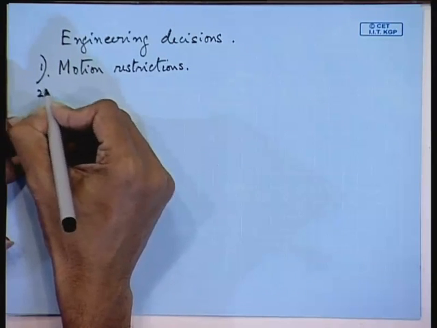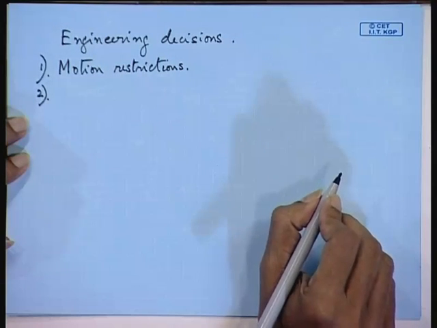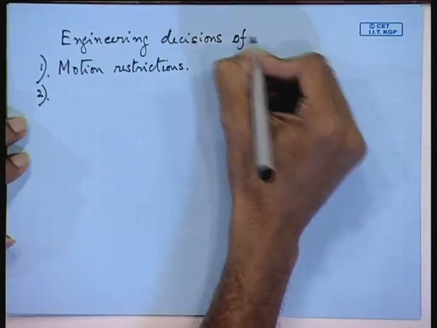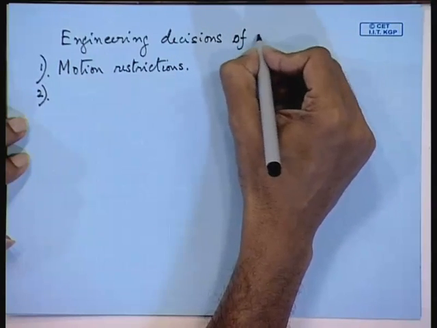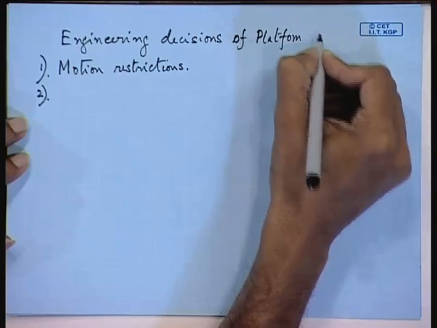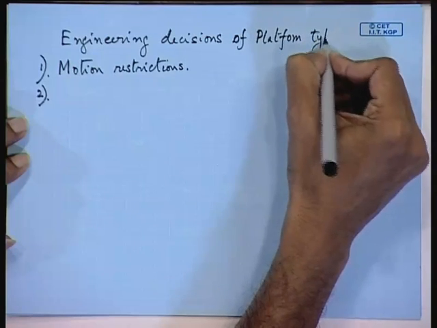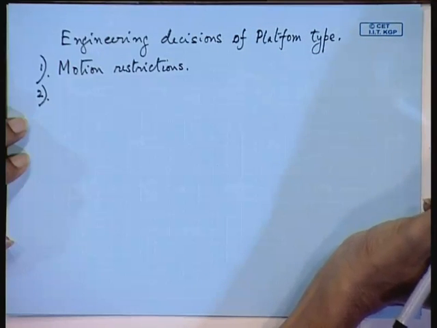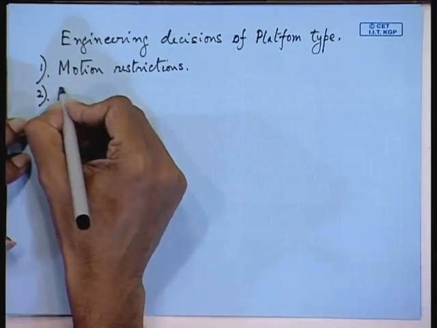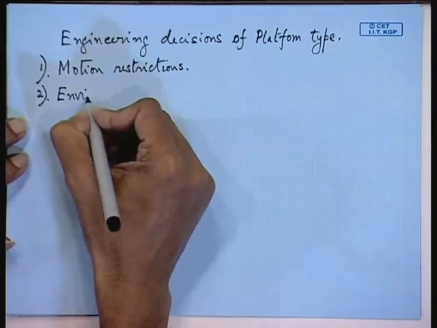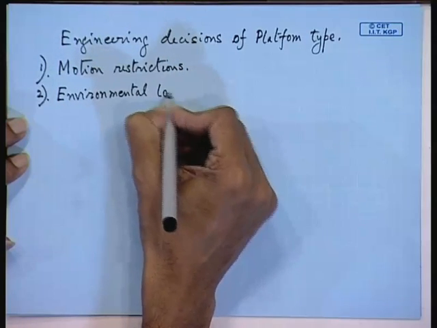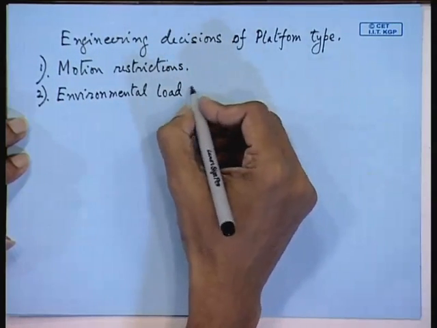2, engineering decisions of platform type. 2 is environmental load intensity.